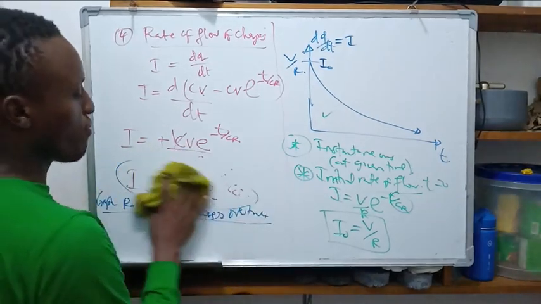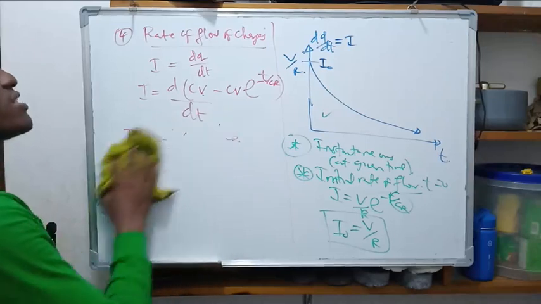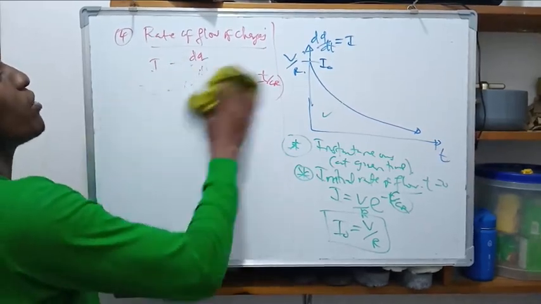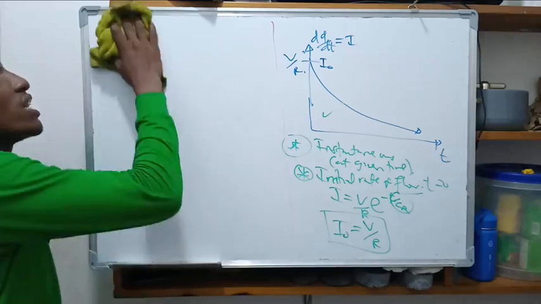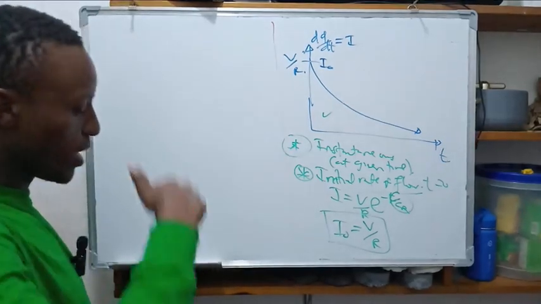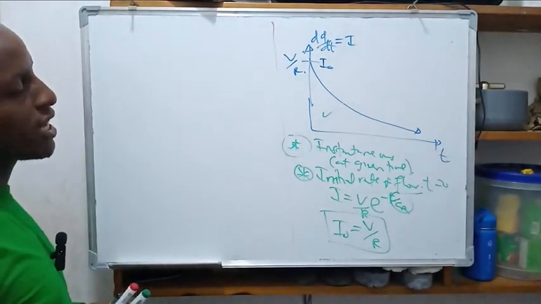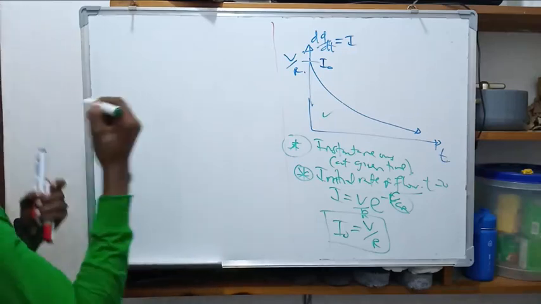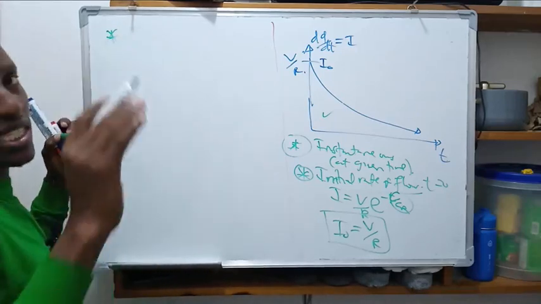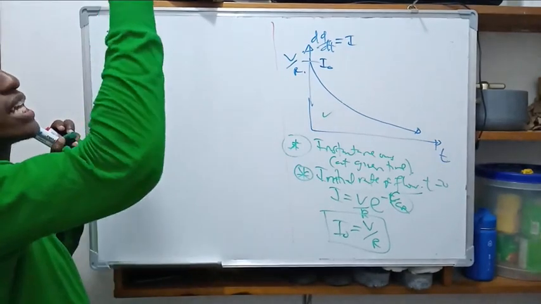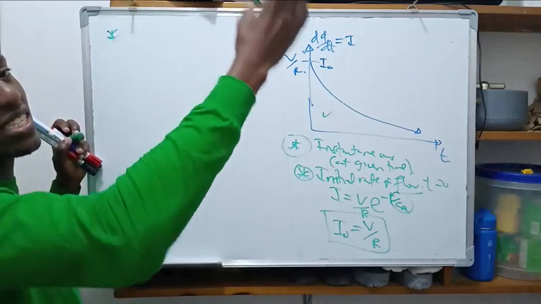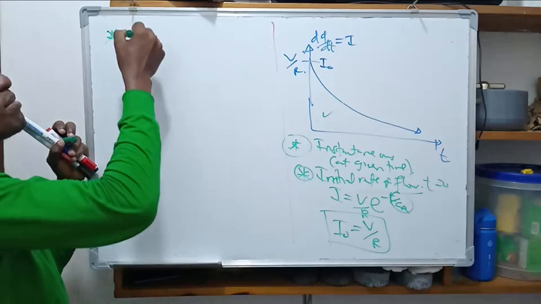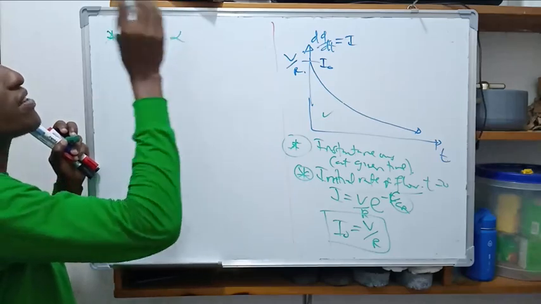How about if it is not the initial but the final, let's say at infinity, because the capacitor can be charged over a large time? That is case number 3 here. They can ask you to find the rate of flow of charges at infinity, meaning time is very large.